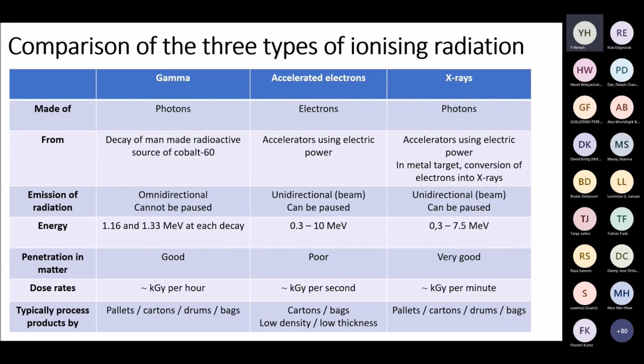The energy usually ranges from 0.3 to 7.5 million electron volts, and so their penetration is very good. And the dose rate, so the speed of processing, is intermediate between gamma and electrons, so of the order of kilograys per minute.